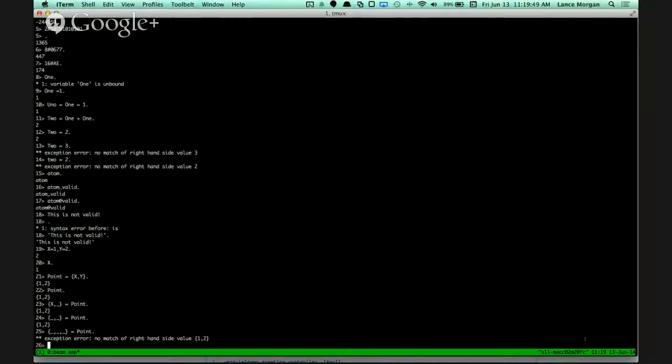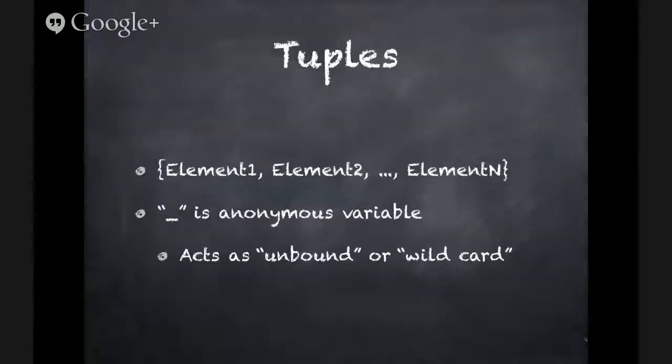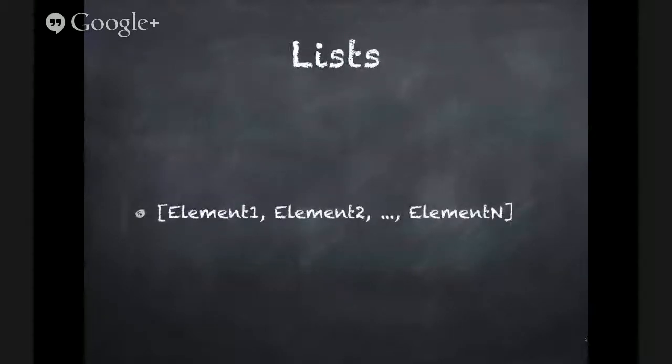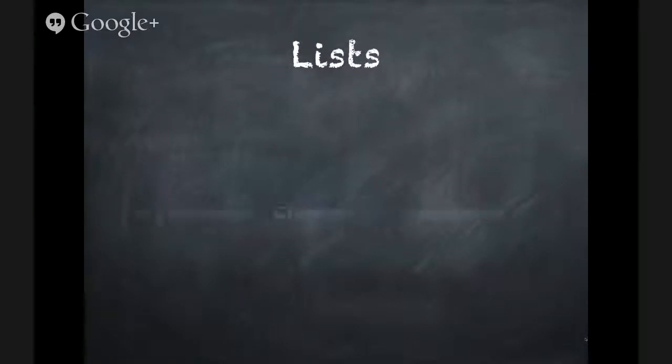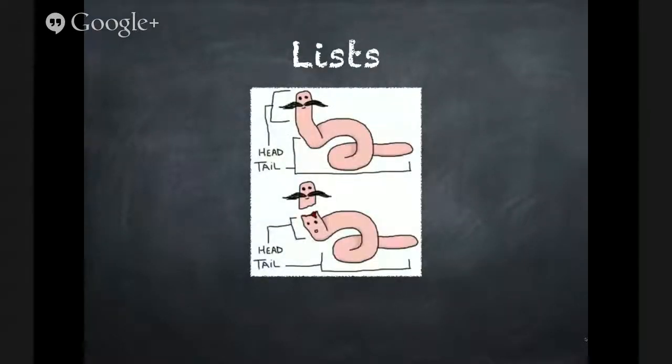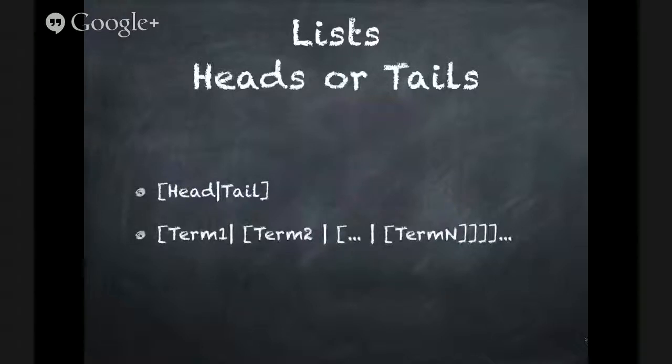Lists are similar, except they're wrapped in square brackets, and they also are easier to build up because you have heads and tails. I like that graphics. I had to have a reason to stick it in there. So essentially, the head is the first element in the list.